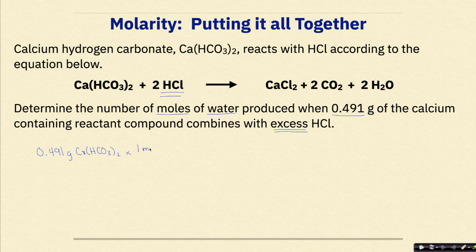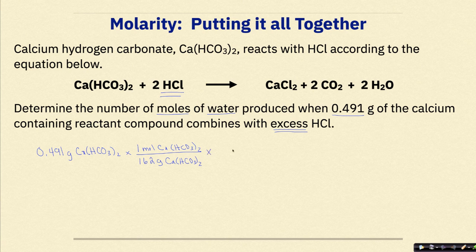So 1 mole of Ca(HCO3)2 divided by my gram formula mass of calcium hydrogen carbonate, which is 162 grams of Ca(HCO3)2. Okay, so now I'm out of mass and I'm into moles, but do I want moles of Ca(HCO3)2? No, I do not. I want moles of water.